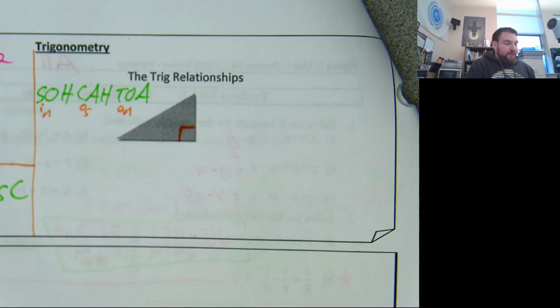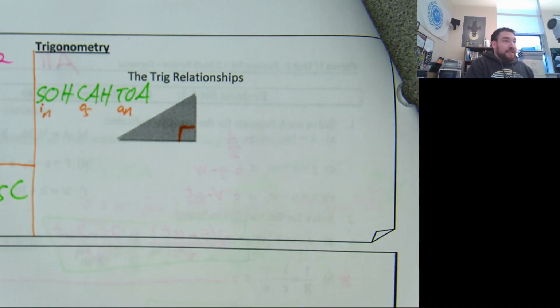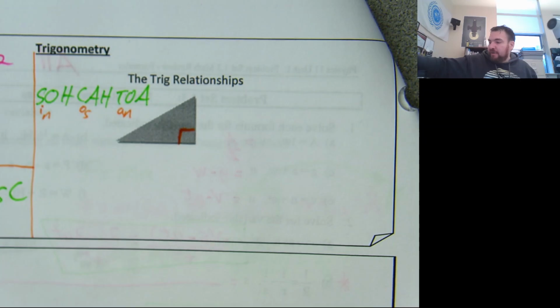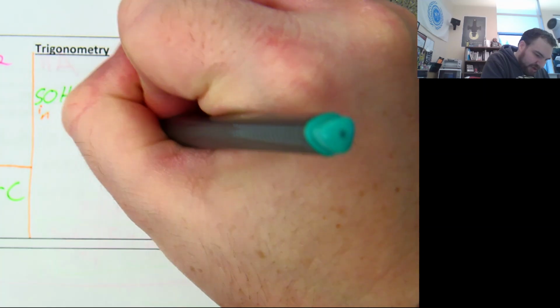Just by way of review, how we use sine, cosine, and tangent to solve for different things is we need to designate what angle we're working from. So in this case, I'm going to say that this angle down here is the angle that we're working with. I'm going to call that guy theta.